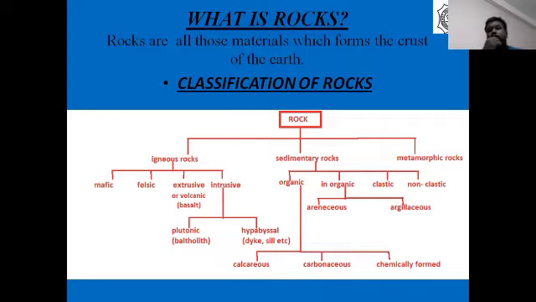Inorganic sedimentary rock is further classified into arenaceous sedimentary rock and argillaceous sedimentary rock. So this is all about the classification of rocks.